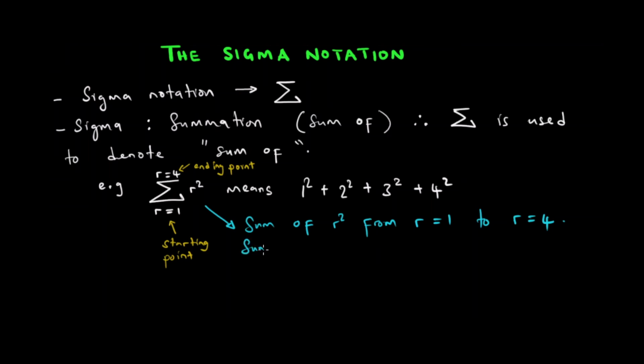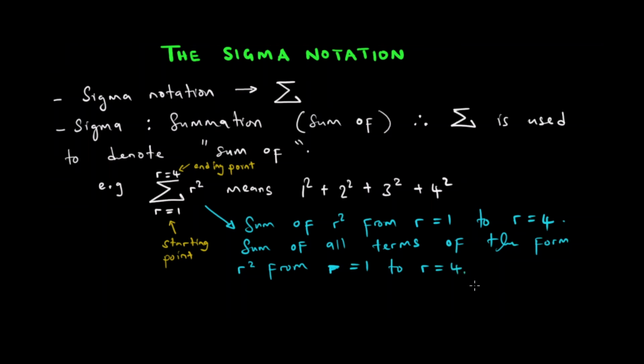We can write it as the sum of all terms of the form r squared from r is equal to 1 to r is equal to 4, like that.